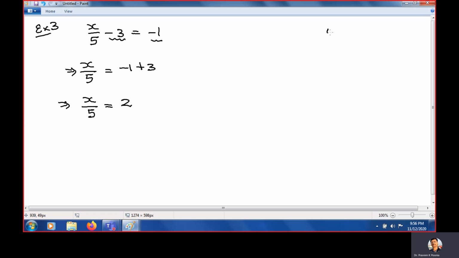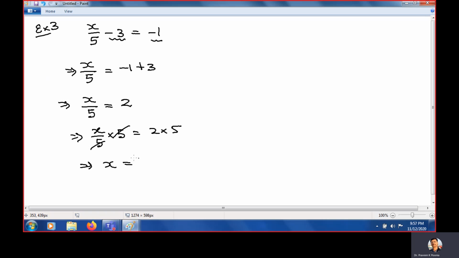Now look here, if 5x is given and we need x, what are we going to do? We divide by 5 to cancel it. But if x upon 5 is given, we multiply by 5. This is how we get it. Got it? So in this case, to find the value of x, we will multiply by 5. x upon 5 times 5 is equal to 2 times 5. Now 5 cancelled by 5.